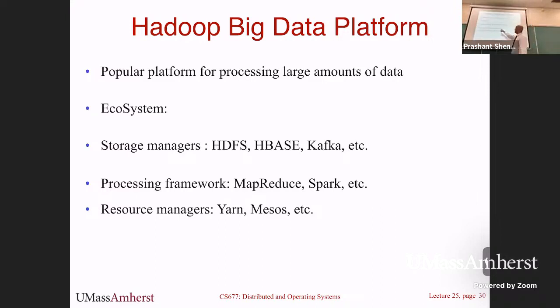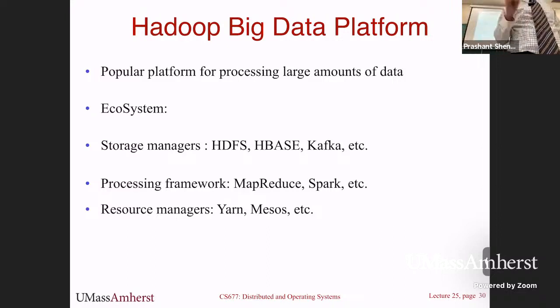So you have HDFS as the file system. If you want a more database-like framework, you use HBase. You can use things like Kafka and so on. And when we were doing cluster scheduling, you may remember we talked about Mesos. It was a two-level scheduler. So if you have map reduce, you can plug that into Mesos, and Mesos will allocate resources for running your map reduce task and so on.